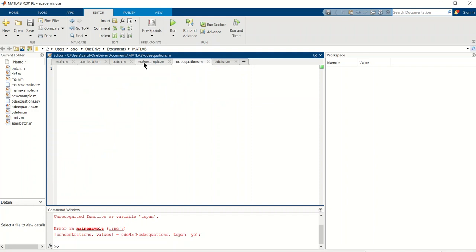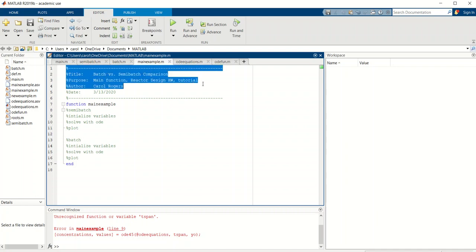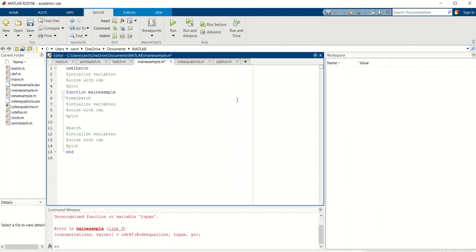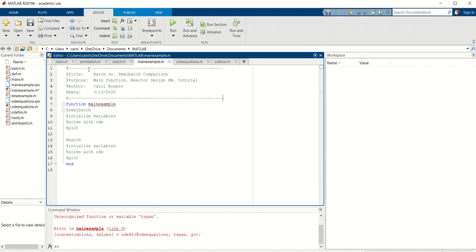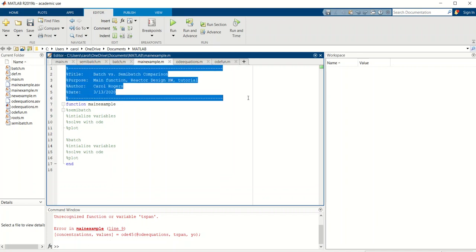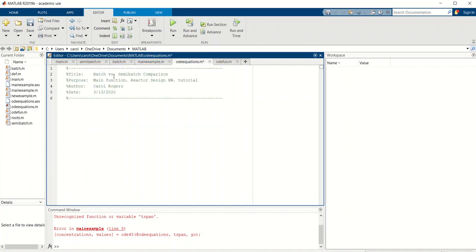So now we're going to go into the actual function where we're solving the differential equations and write pseudocode for it too. So first, I always make my header file. There we go. Oops. So there, but this time, this is specifically Semibatch.